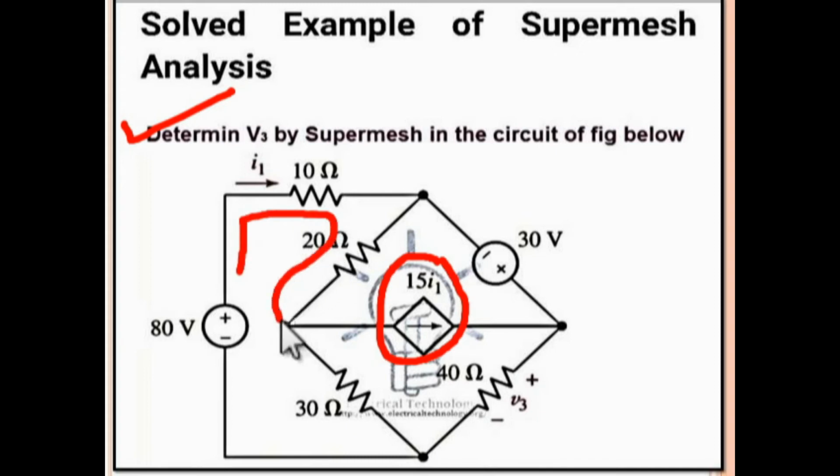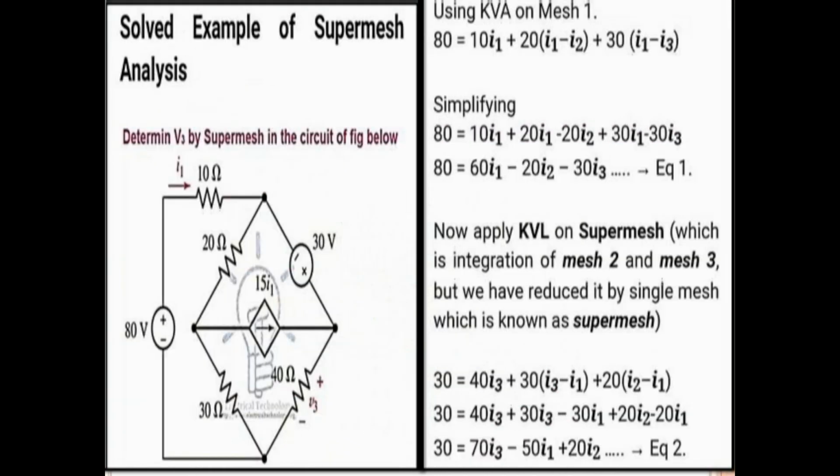So this will be our first mesh. Apply KVL in this mesh, this will be the second mesh, this will be the third mesh. Combined equations will be there for these two meshes. So let's see what the equations are.